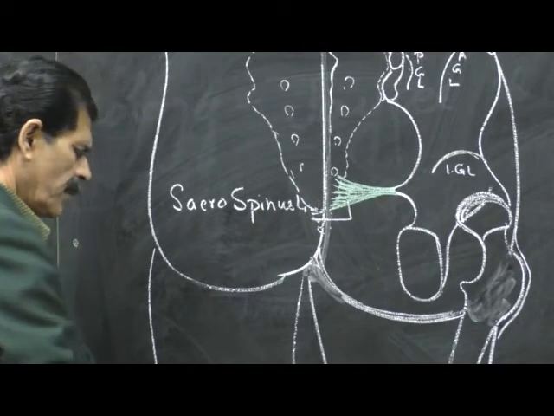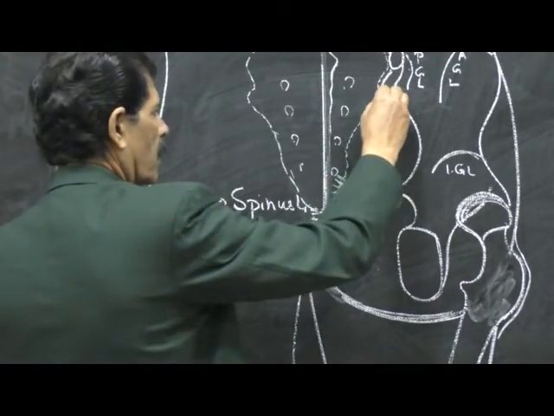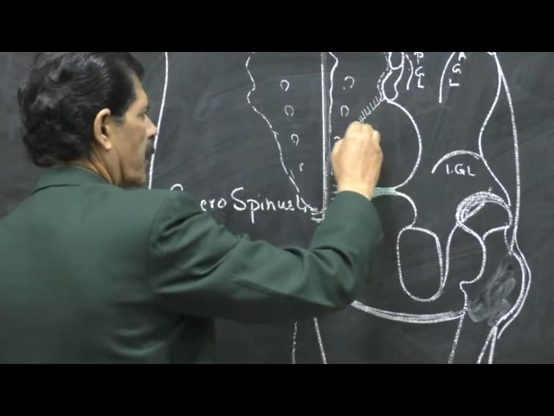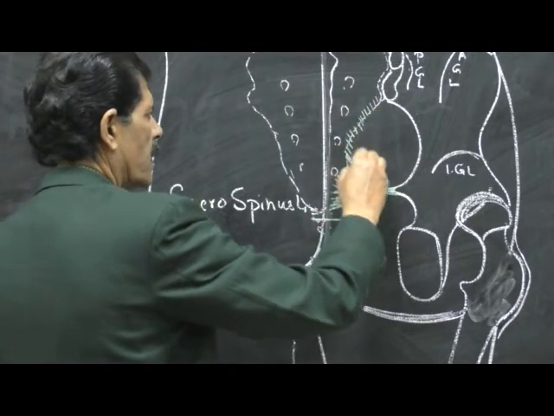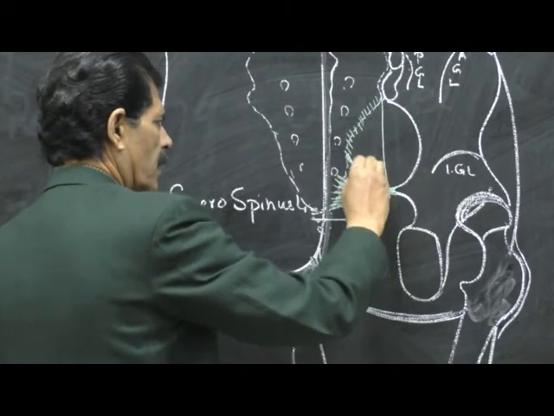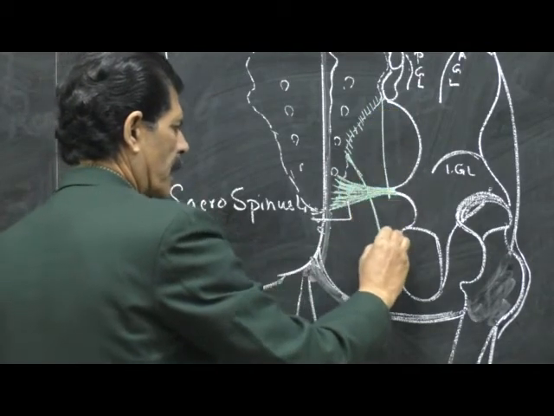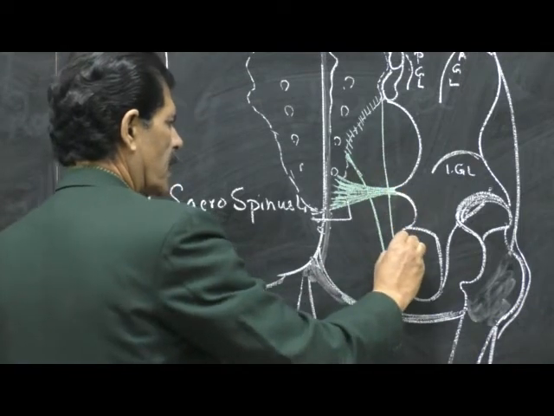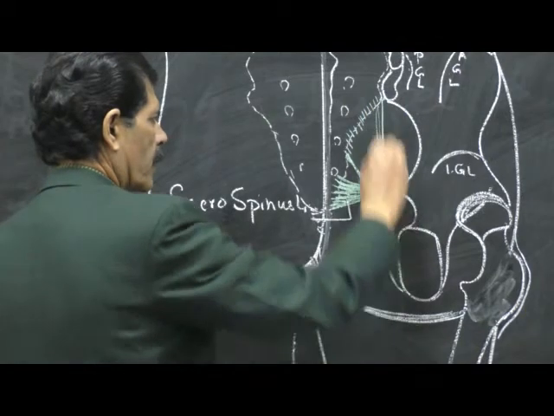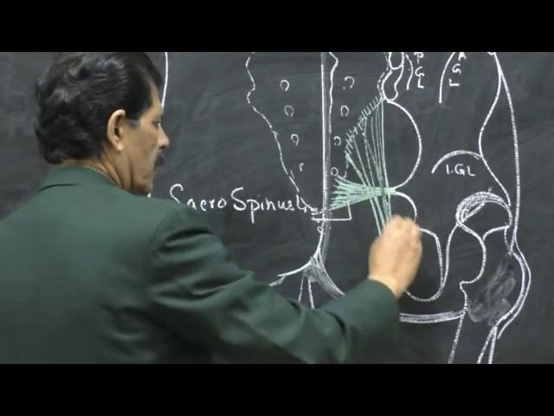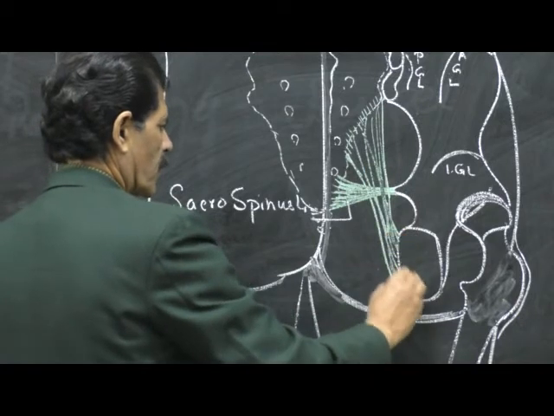Then there is another vertical ligament which starts from the sacroiliac joint and the dorsal, lateral surface of the sacrum, and it crosses the sacrospinous ligament, and below it is attached to the lateral surface of the ischial tuberosity.